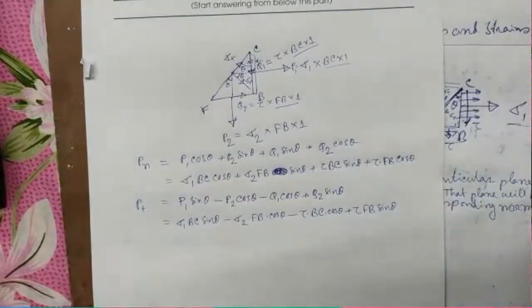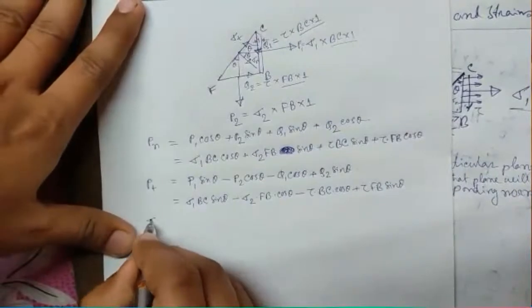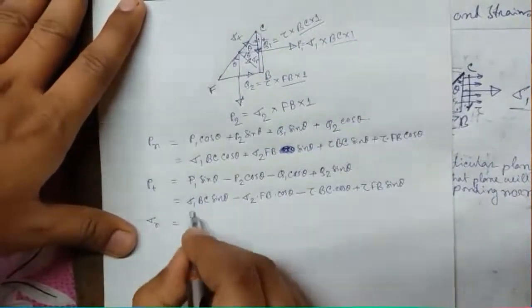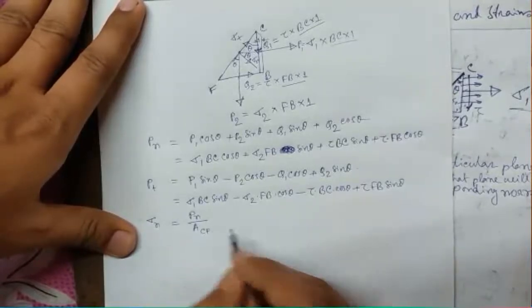Now if you look at this Pn, and we want to find the stress along the normal direction, then we will divide that force by the area of this CF. So we can write the stress sigma n in normal direction as Pn by area of CF.